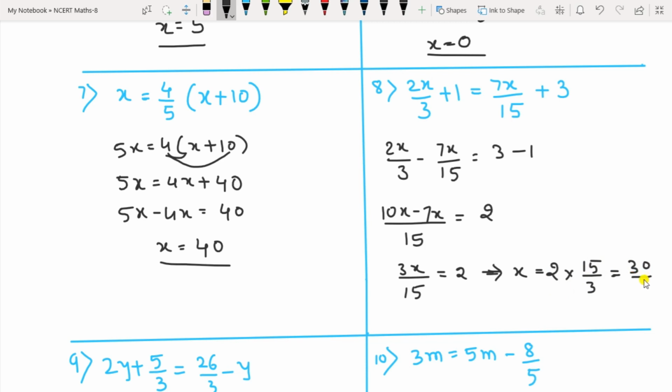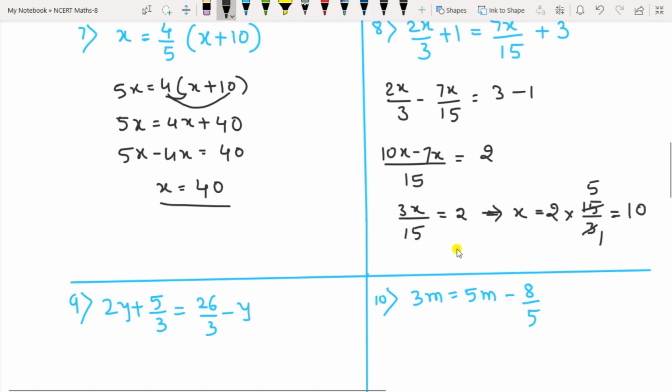Okay, we can cancel here. 3 1s are 3, 3 5s are 15, and 5 2s are 10 is the answer. So x equal to 10 is the value of the variable in this equation.